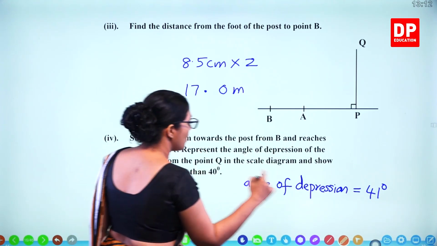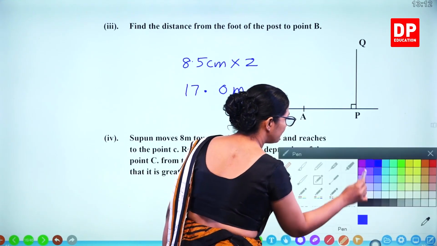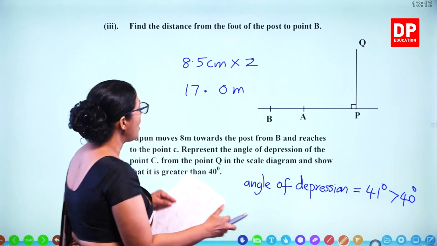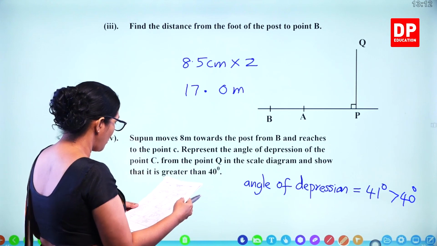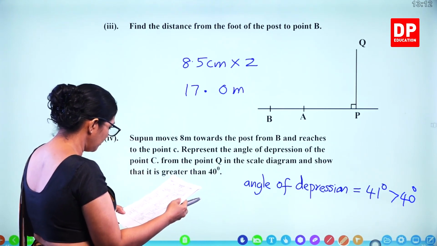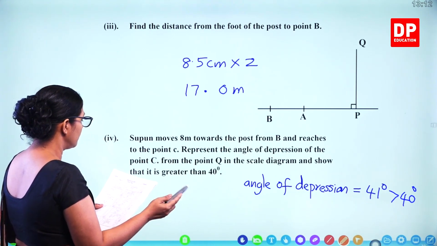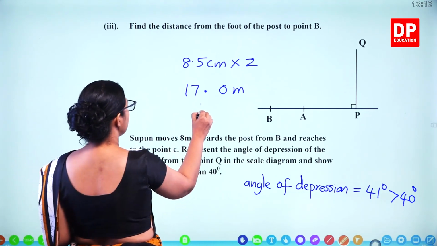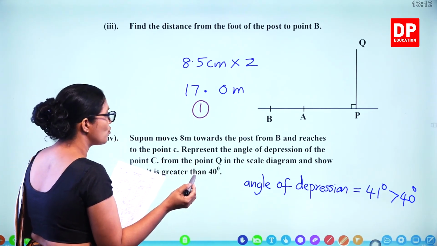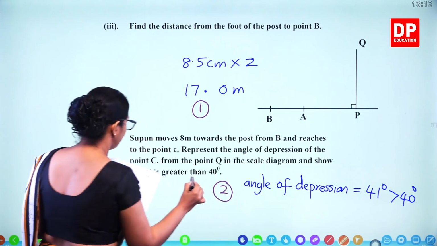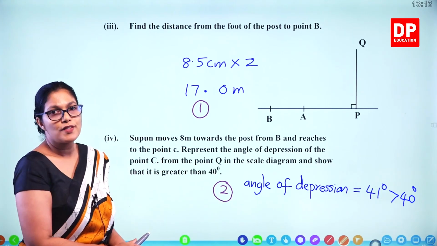So that's more than 40. So let's see how many marks for that you are getting. One mark for this, and here 41 is greater than, so 2 marks for this one. So altogether we gave 10 marks for this question.